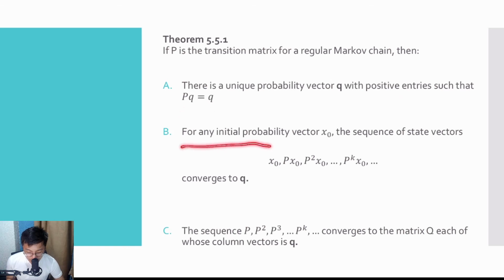Also, for any initial probability vector x sub 0, the sequence of state vectors x sub 0, P x sub 0, P squared x sub 0, and so on will converge to the vector Q. And then the sequence P squared, P cubed, and P raised to k converges to the matrix Q, of which each of the column vectors is Q.